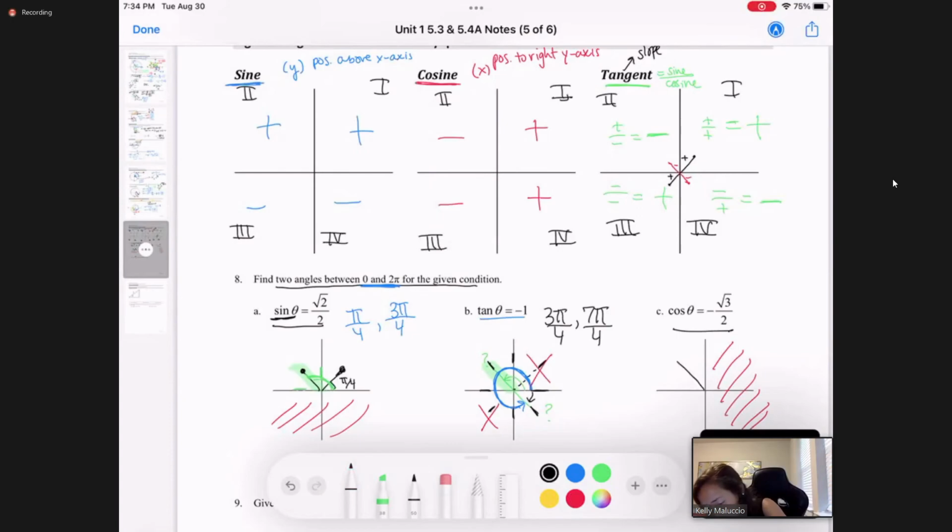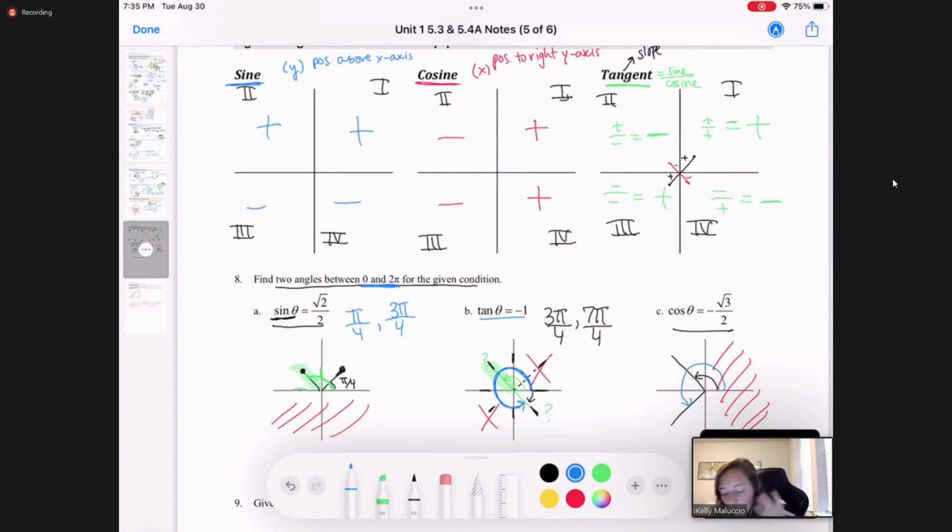So one of them will be somewhere here, one will be somewhere here, right? I'm drawing lines that are not precise, but they'll be somewhere in there. So I want to find an angle here that's the equivalent that has the cosine of square root of 3 over 2. And then I want to find one here that has the equivalent to square root of 3 over 2.